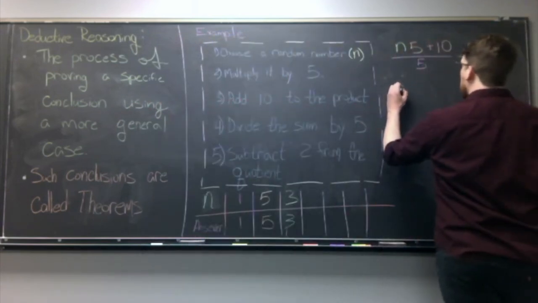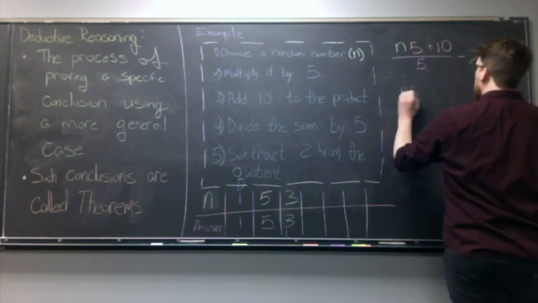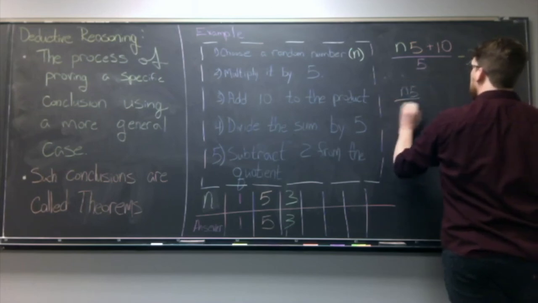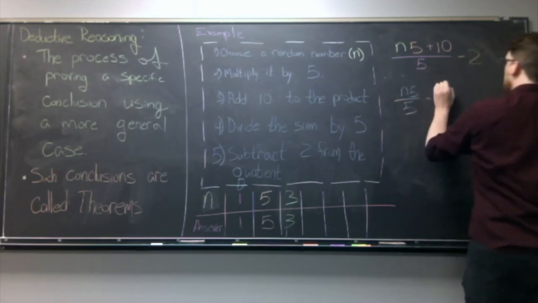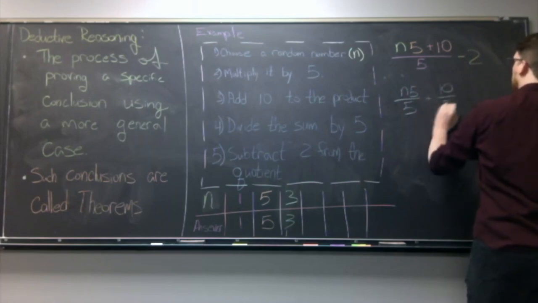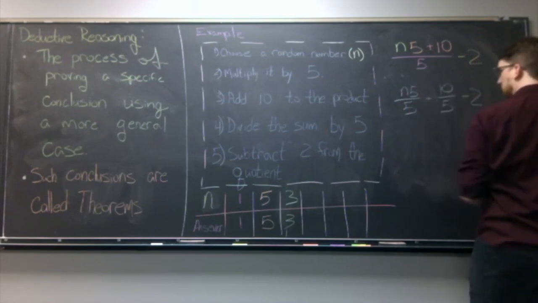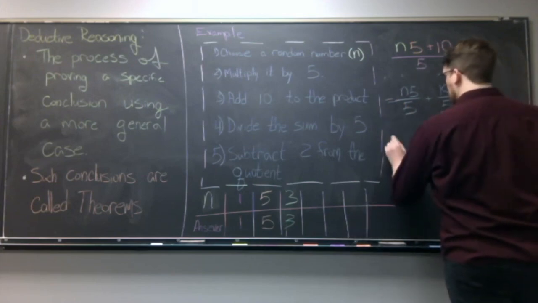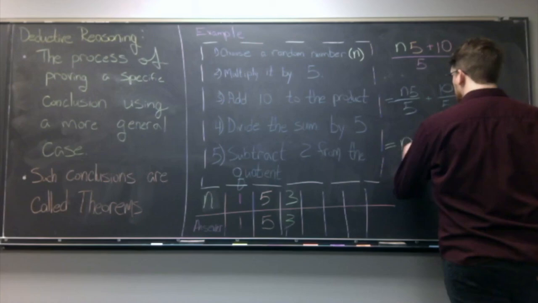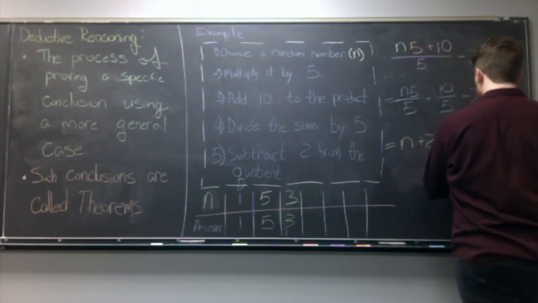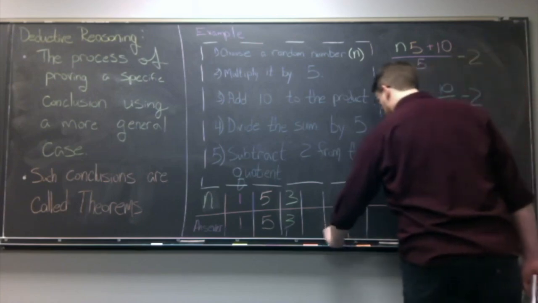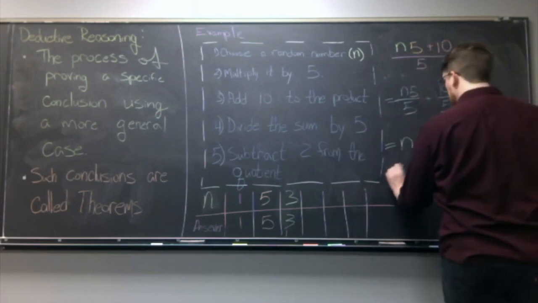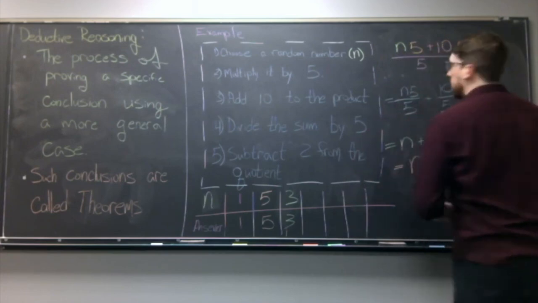Breaking this up, we get n times 5 over 5 plus 10 over 5 minus 2, which gives us n plus 2 minus 2, which gives us just n.